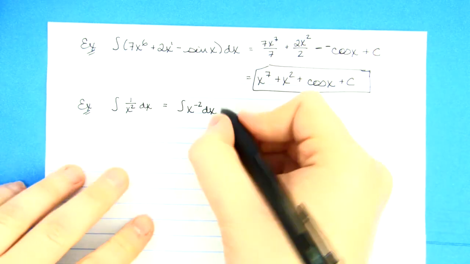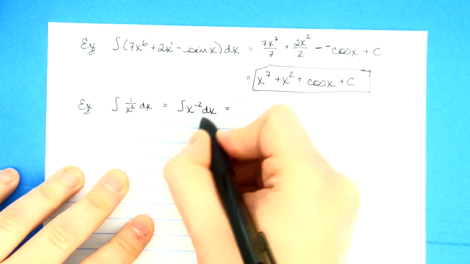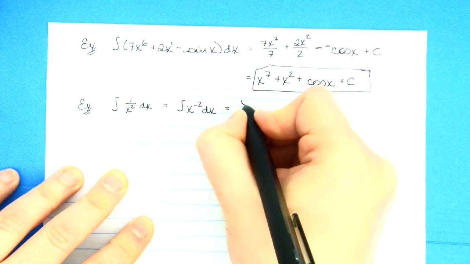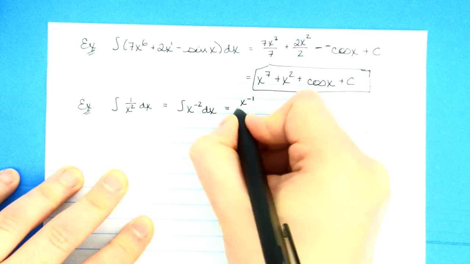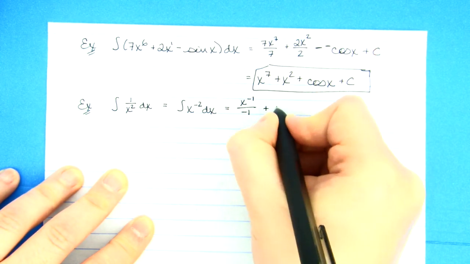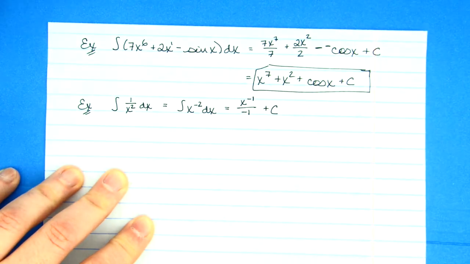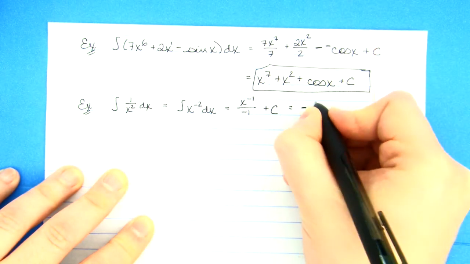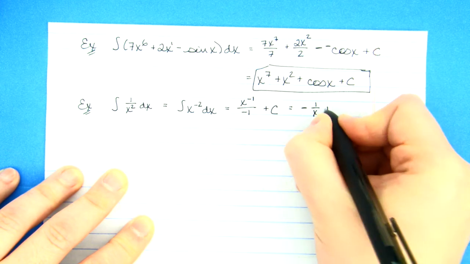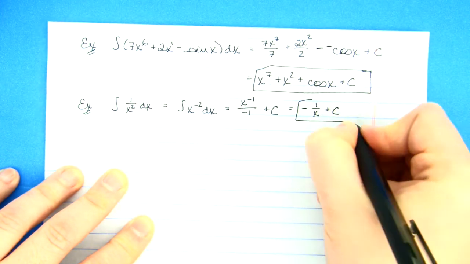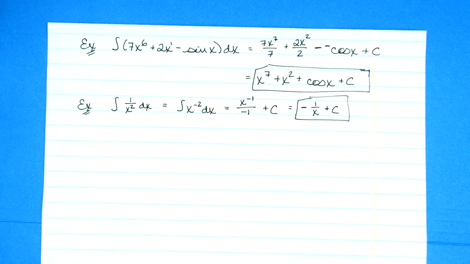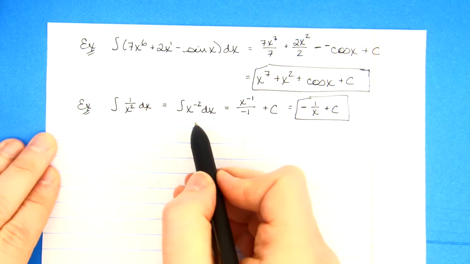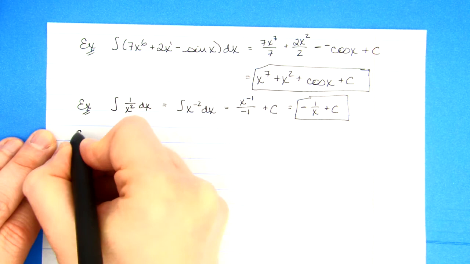Well then, I'm going to get, let's see, add 1 to the power, divide by the new power. I'm going to get x to the negative 1 divided by negative 1 plus a constant. I do want to get rid of negative exponents, so I'm going to rewrite this as negative 1 over x plus a constant c. If you have a variable with a power in the denominator, we're going to rewrite it with a negative exponent and then use our power rule.